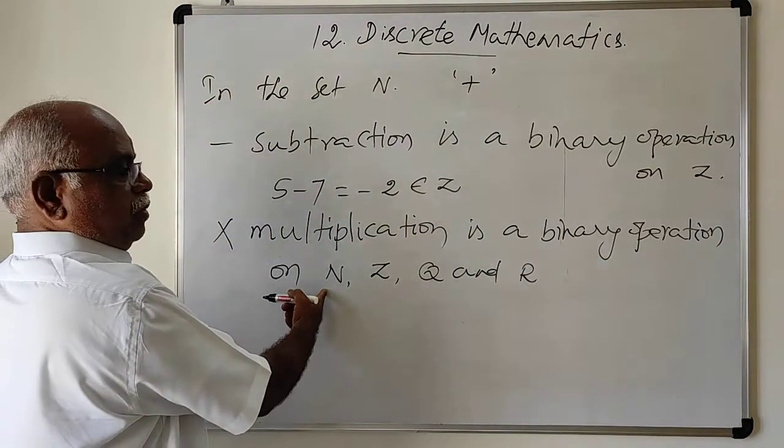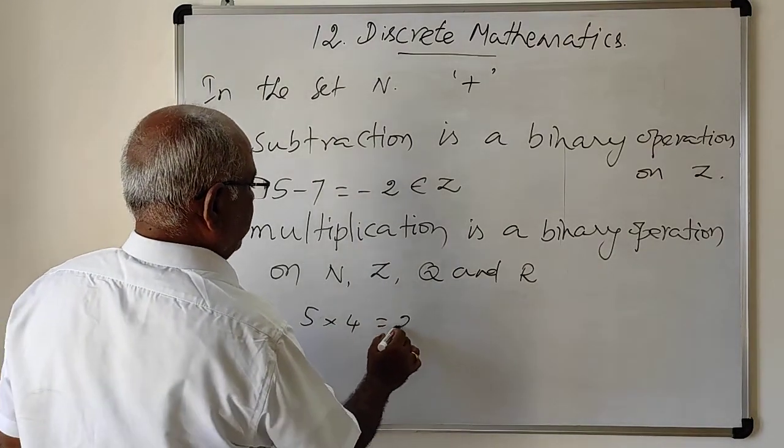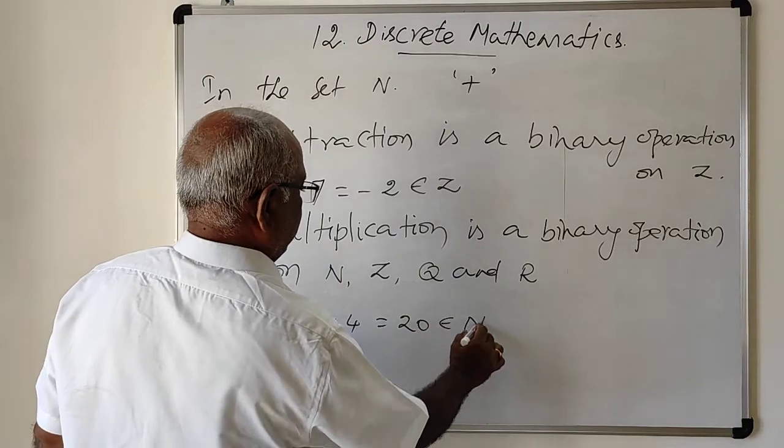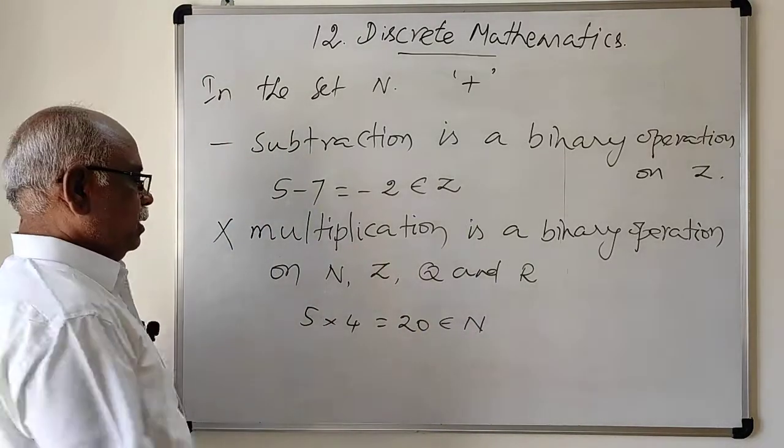Because if you multiply any two natural numbers, for example 5 into 4 equals 20, which is in N. Negative multiplication is also in Z.